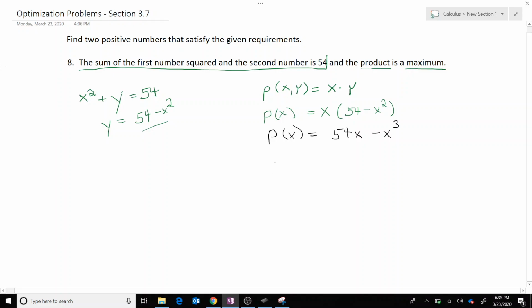That'll be easier to take the derivative of in that form. So p prime of x is going to equal 54 minus 3x squared.